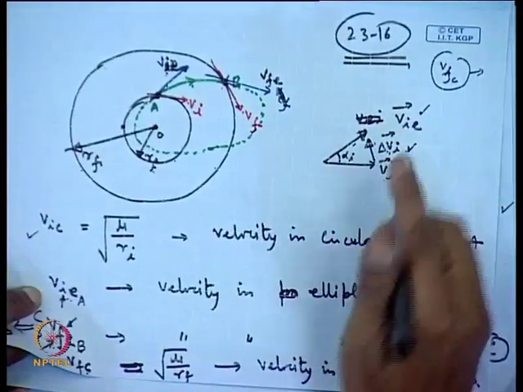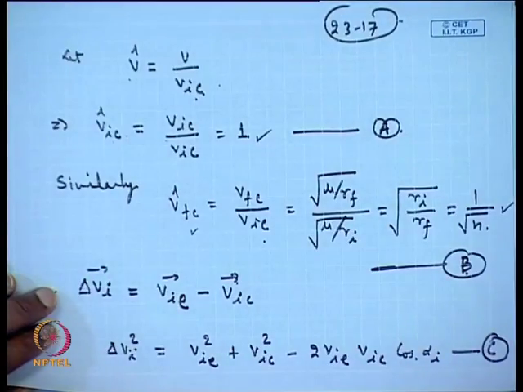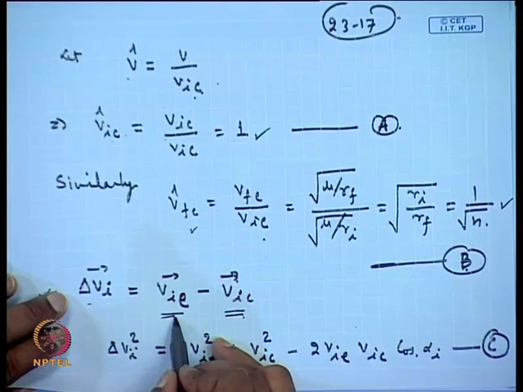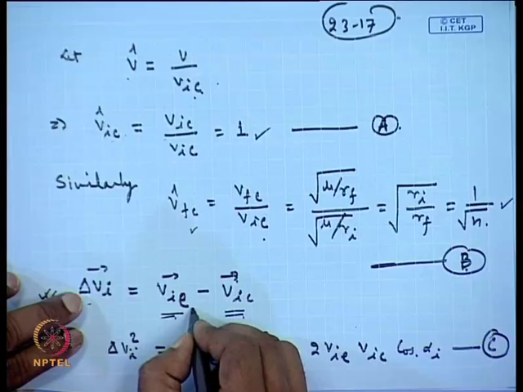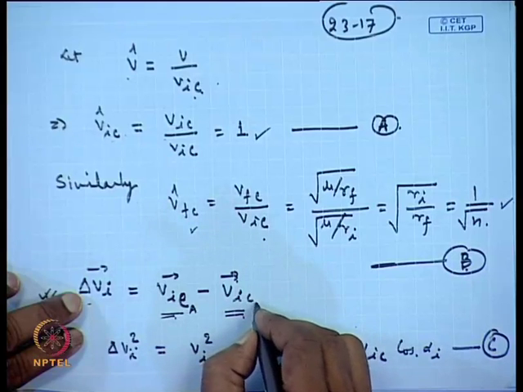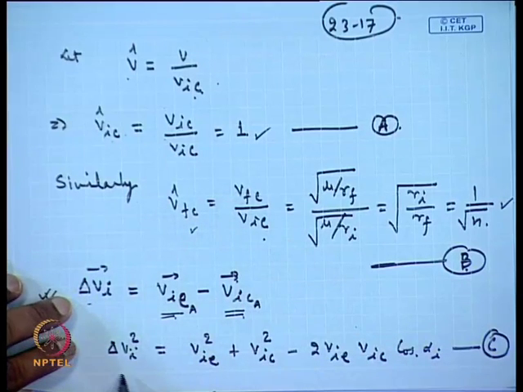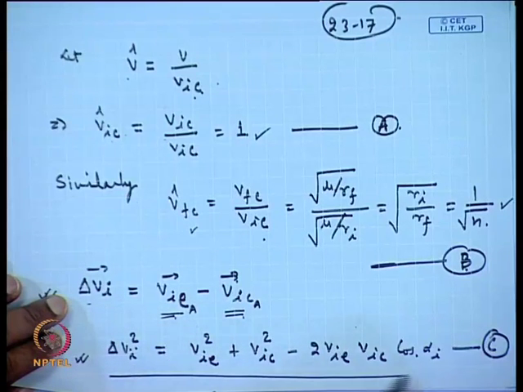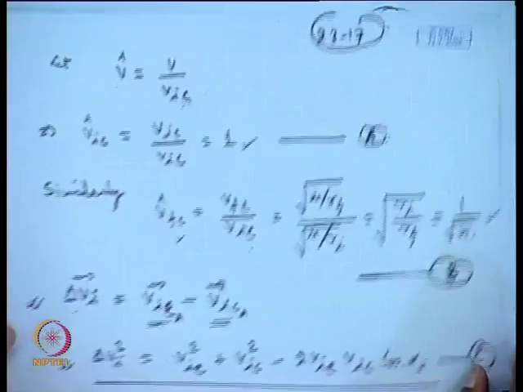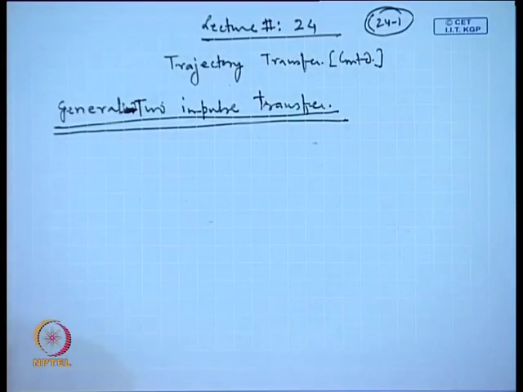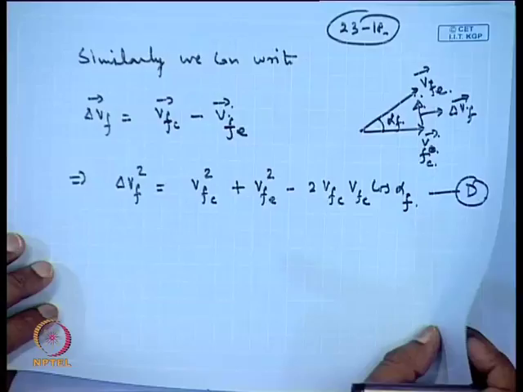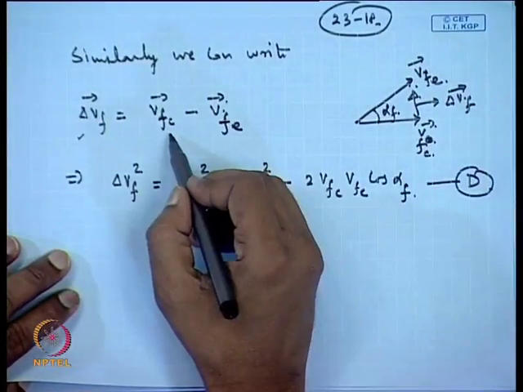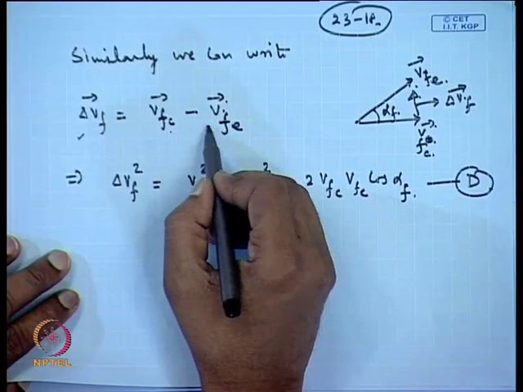Delta V_i is equal to V_IE minus V_IC. So, this is the velocity in the elliptic orbit at A and the velocity in the circular orbit at A. This quantity in scalar notation can be written like this. Similarly, we have written last time that delta V_f is equal to V_FC, which is the velocity in the final circular orbit, minus V_FE.